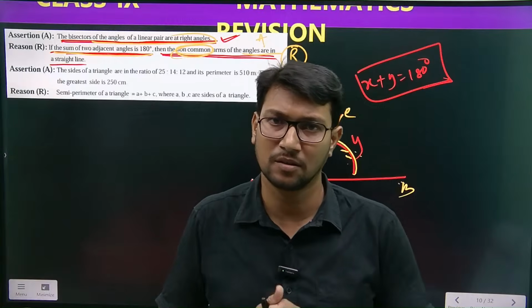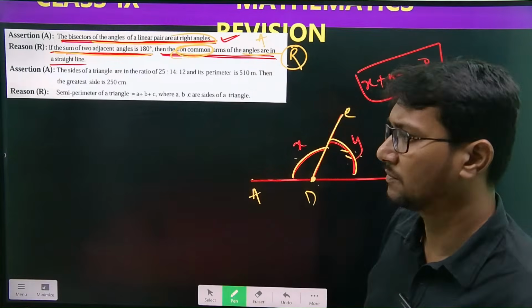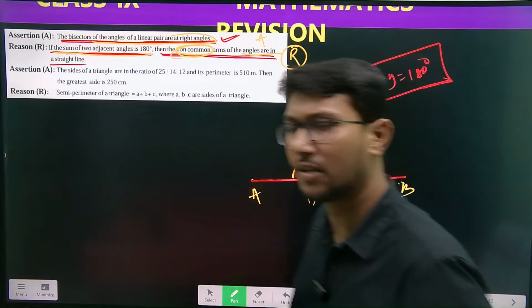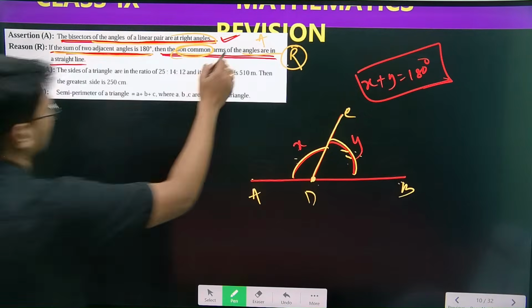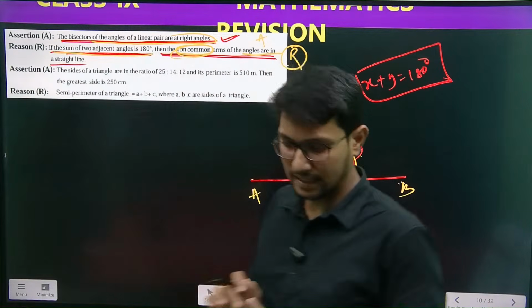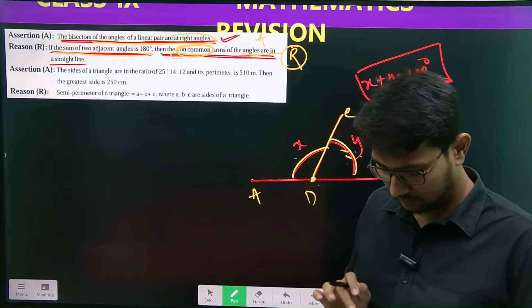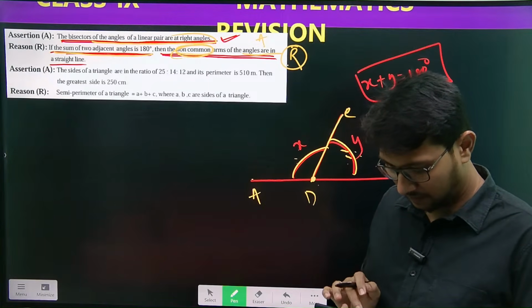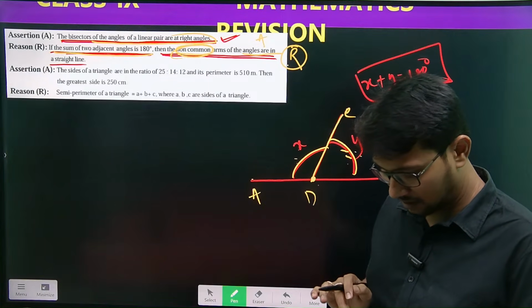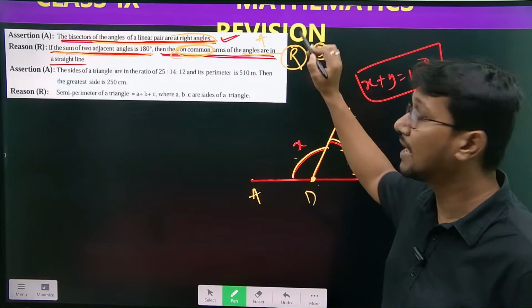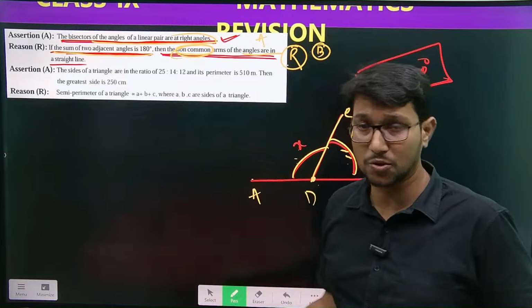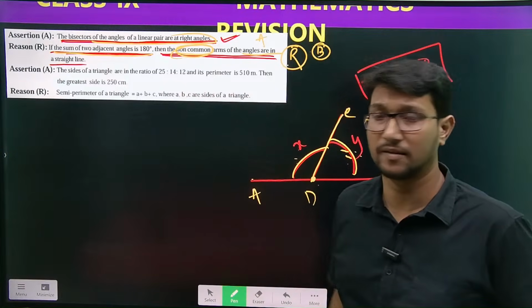Understand, everyone? Okay, I hope the first question is clear. Clear, yes or no? Okay, children. So the answer to the first question: option B is the correct answer, meaning assertion true, reason true, but the reason is not correctly explaining.